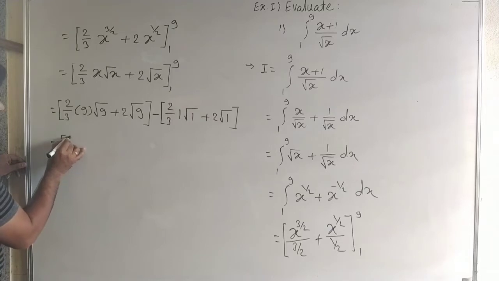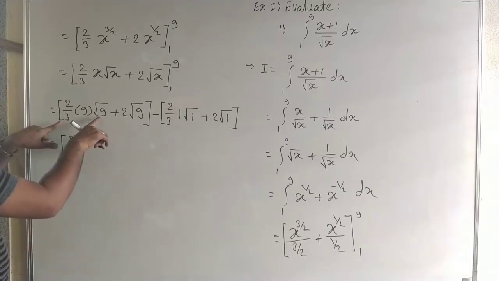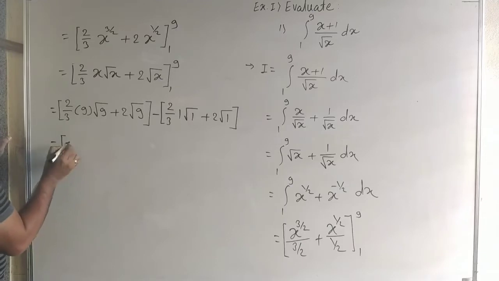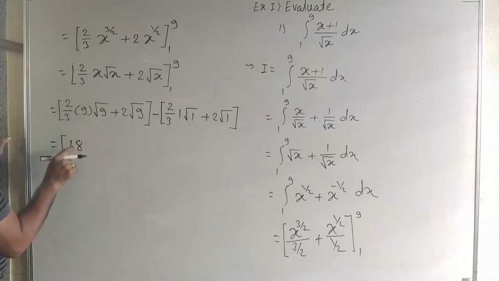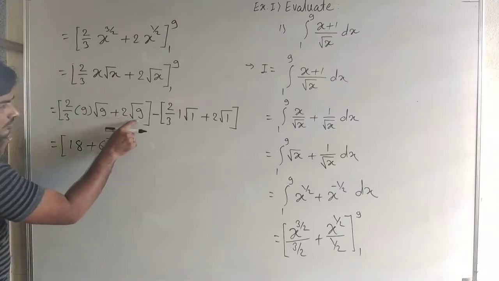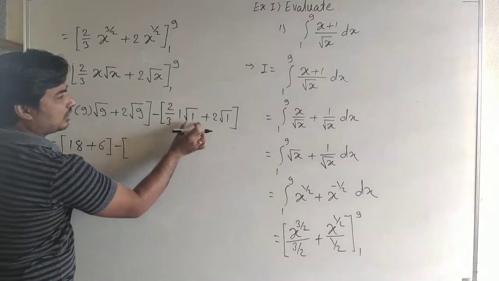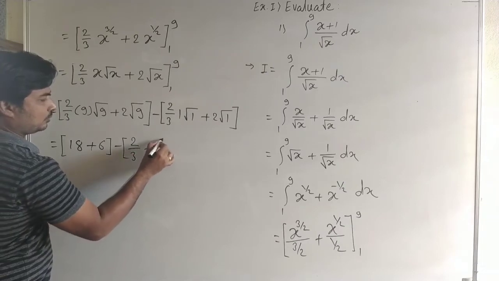Here it is 2 by 3, carefully. It is 9 under root 9, and this 3 gets cancelled. Now here it is only 18, plus 6. Minus, here it is 2 by 3 plus 2.